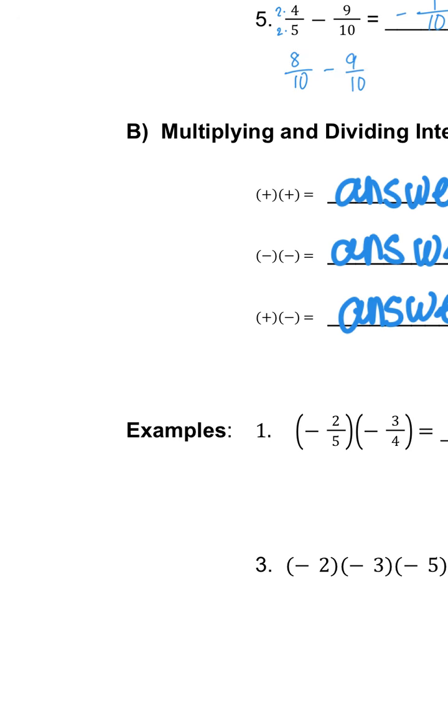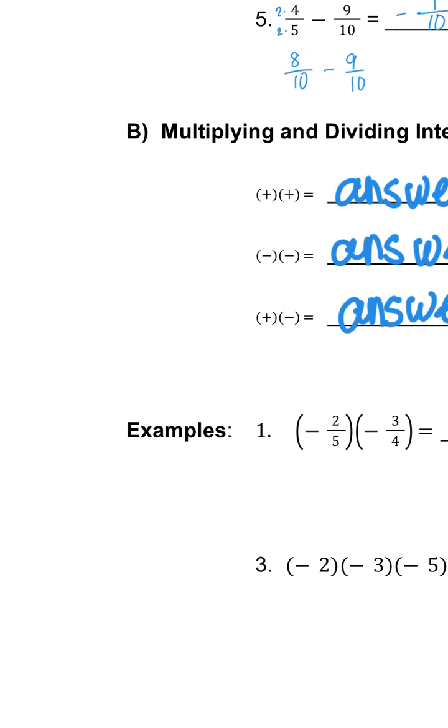So now we can multiply. 2 times 3 is 6. And 5 times 4 is 20. Then we can simplify that to 3 over 10. Why do you put a plus sign? Just to remind us it's positive, but you don't have to put a plus sign right there. 6 over 20. There we go.